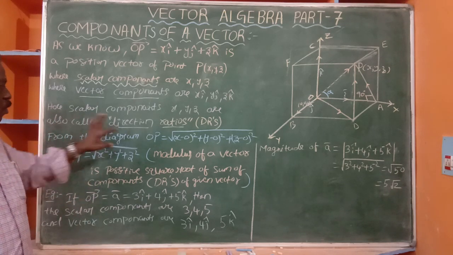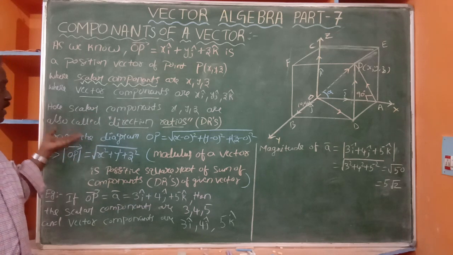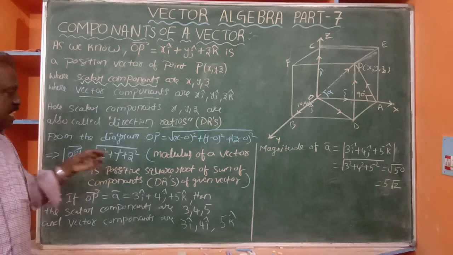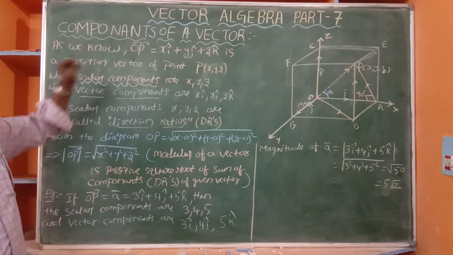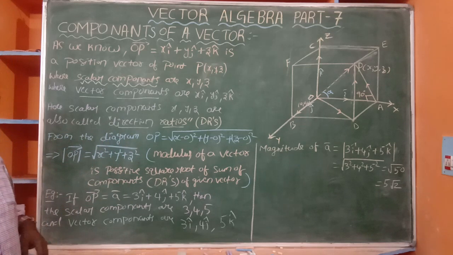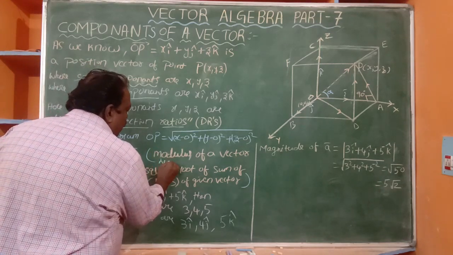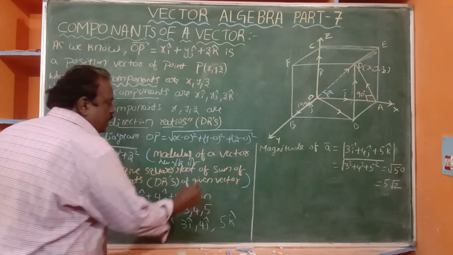OP is nothing but the modulus of OP bar, that is the root of x square plus y square plus z square. Clearly, in words, in the statement we have to tell: if any vector is there, we can find its length. That is the modulus of a vector, or length of a vector, or magnitude also.